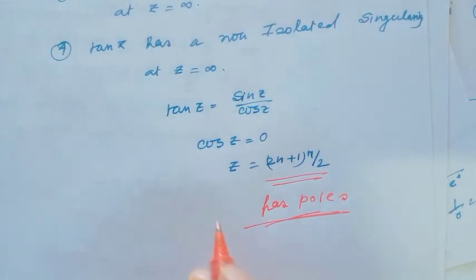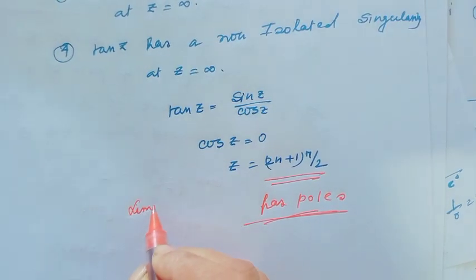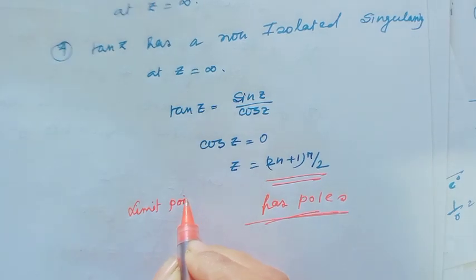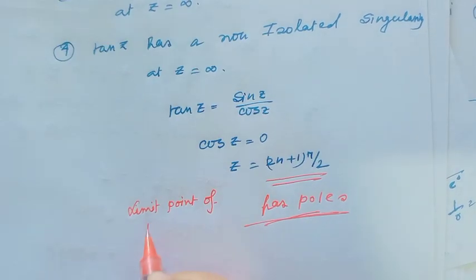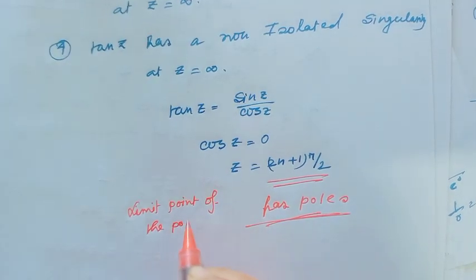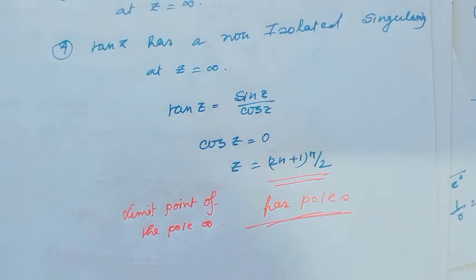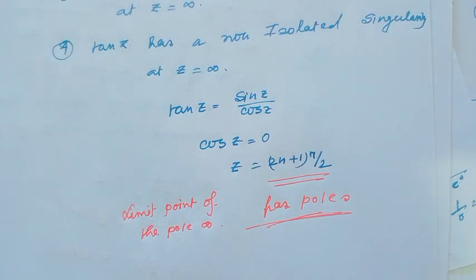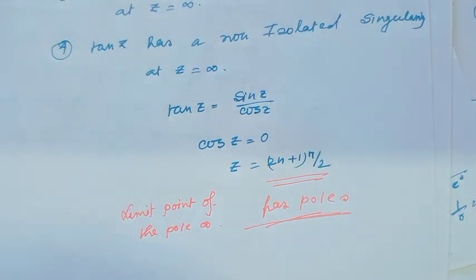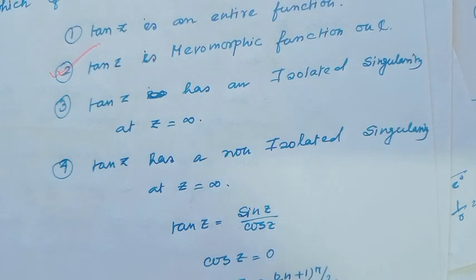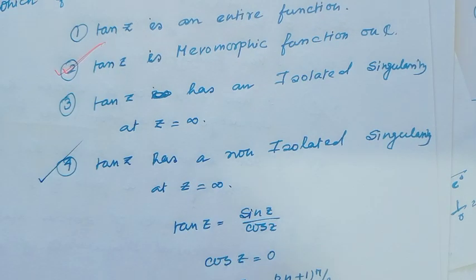and the limit point of these poles is infinity. Since the limit point of the poles is infinity, and the limit point of poles is always a non-isolated singularity, tan z has a non-isolated singularity at z equal to infinity.